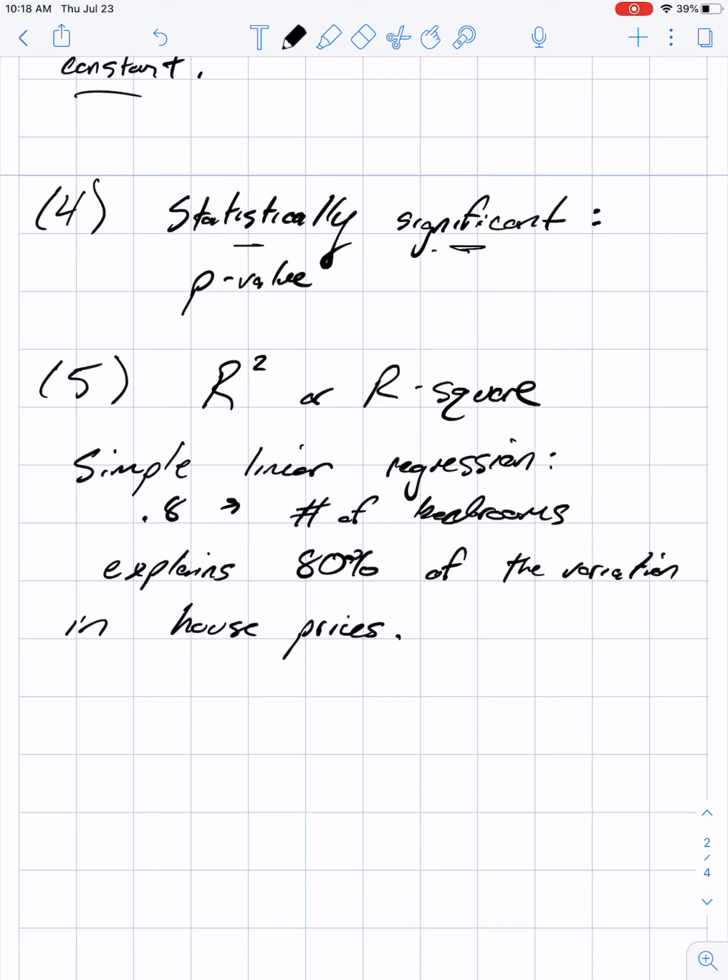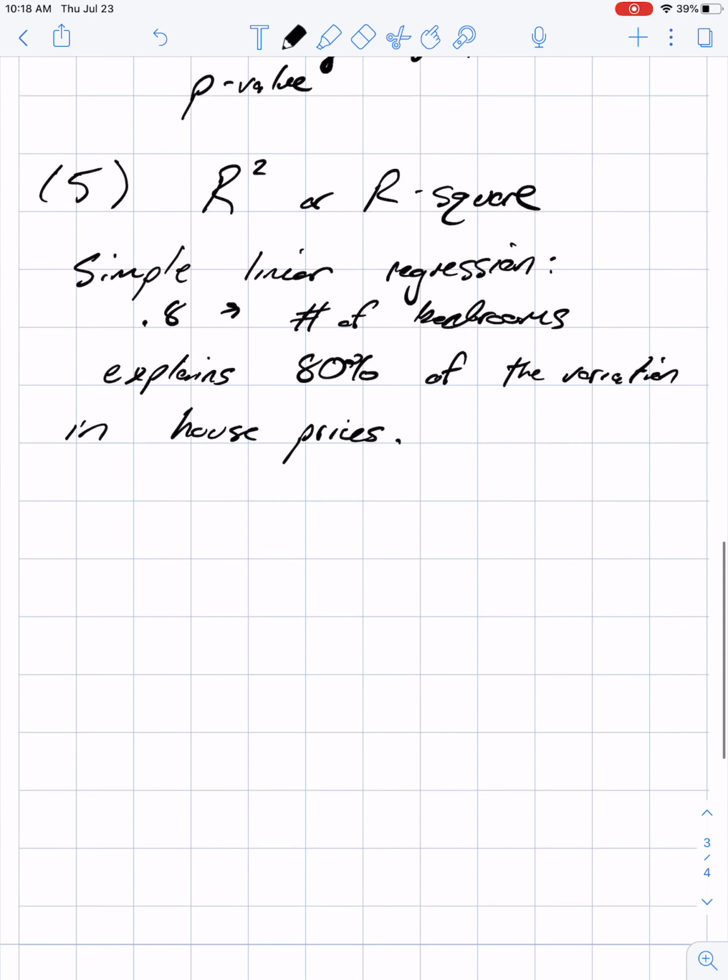If I look at a bunch of different houses, the house prices are different. And then I go collect the data on number of bedrooms in all those houses, which also vary, right? And then I run a regression and say, okay, how much of that variation in prices can I explain by variation in number of bedrooms? My r squared tells me the answer to that question, and it's 80%.